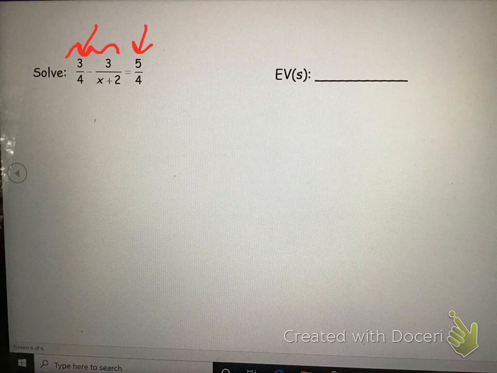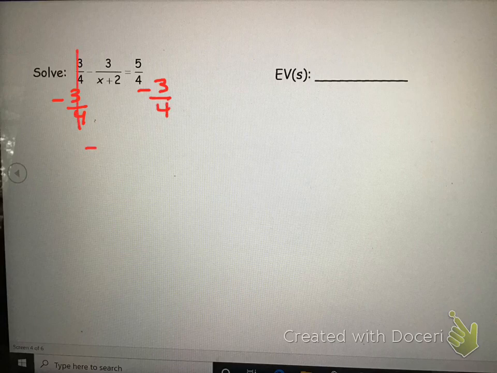So instead of having to repeat what I just did on the first problem and give these two fractions a common denominator so that I can subtract them, what I can do instead is I can simply subtract the 3/4 to move it to the right side.